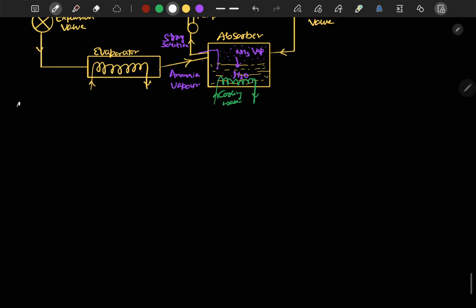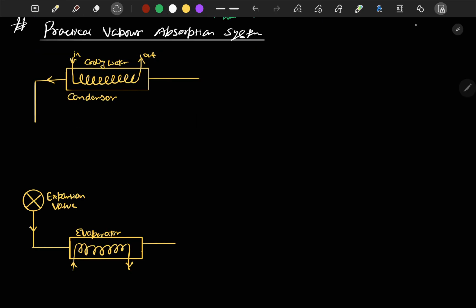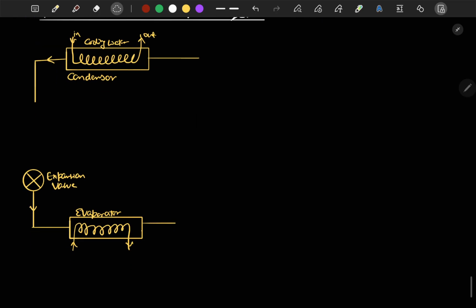Now if we talk about the practical vapor absorption system, there are some additional components. In the practical case, between the outlet of the condenser and the outlet of the evaporator, we install a heat exchanger. So let me install a heat exchanger here.